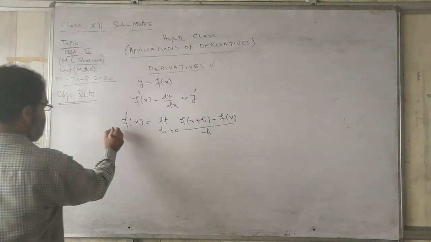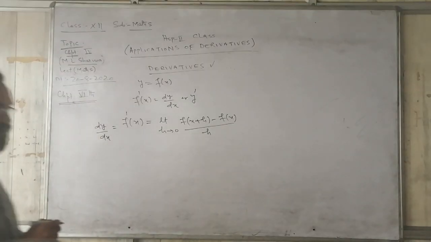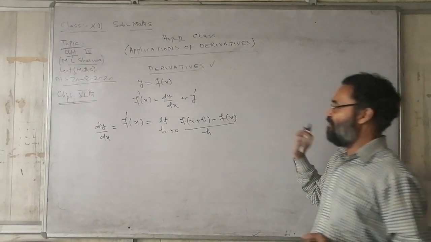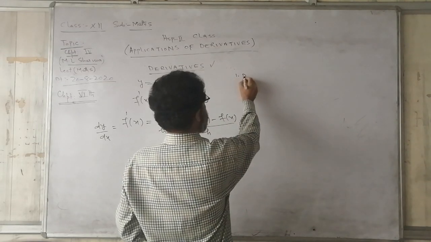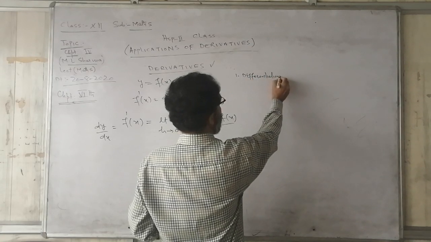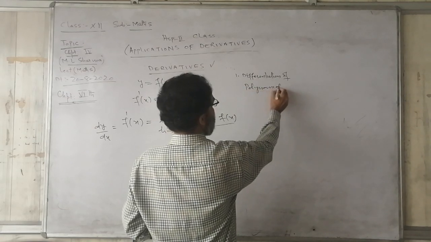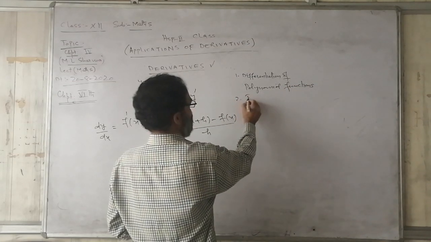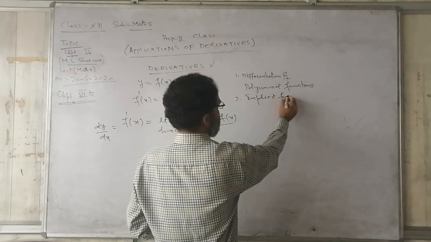You might be remembering dy upon dx. So number of questions has been already solved using this formula. Number 1, we had solved differentiation of polynomial functions. Then we had the differentiation of implicit functions.